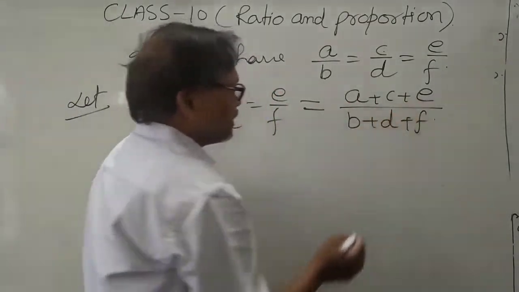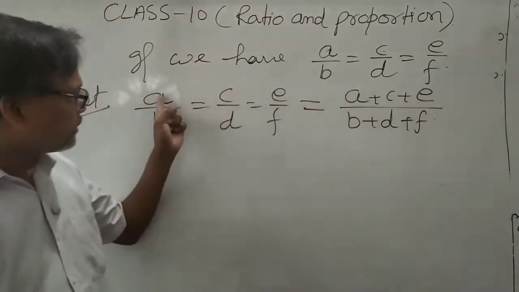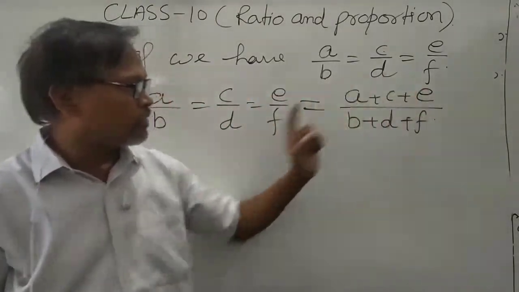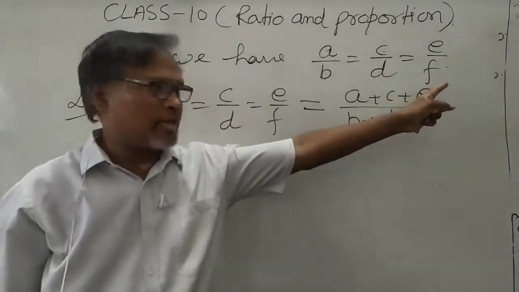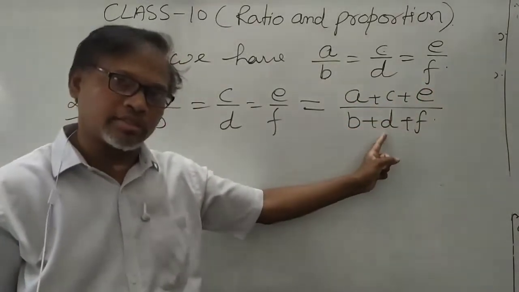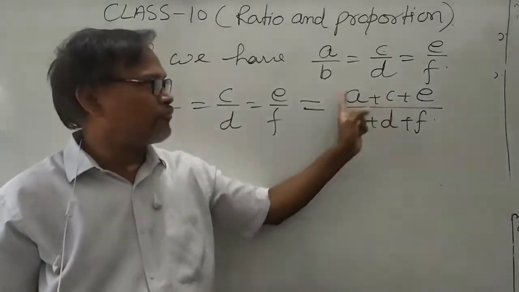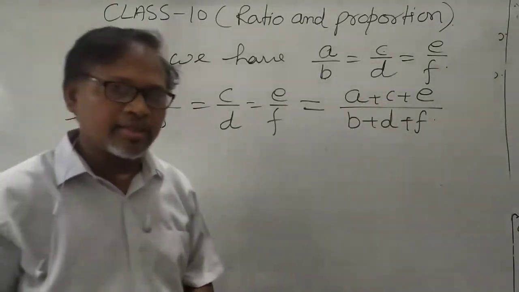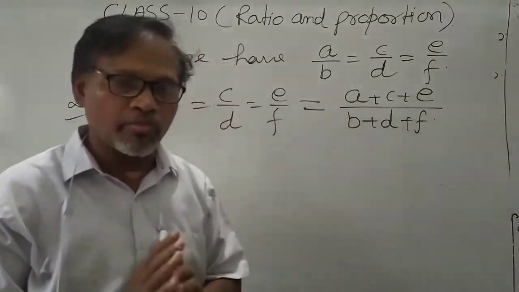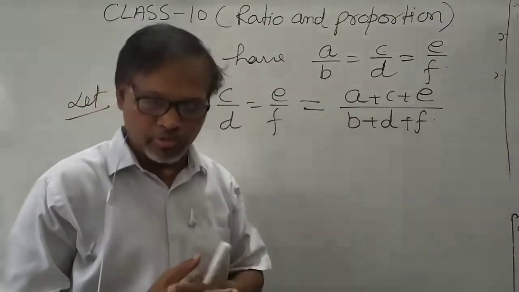Add all the numerators and add all the denominators. This is called sum of antecedents upon sum of consequents, the names of numerator and denominator. So by this we add the properties of ratio and proportion.